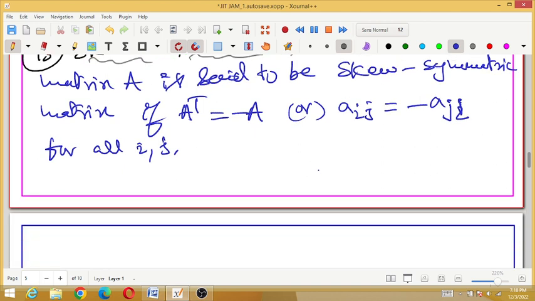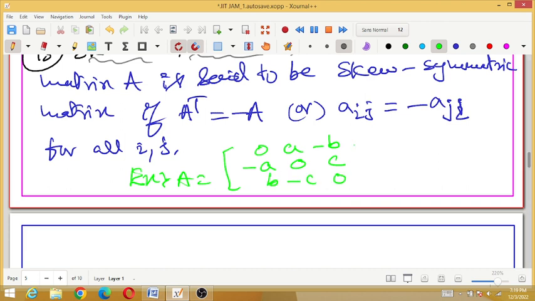For example, see here, we take A is equal to 0, a, minus b; next minus a, 0, c; next b, minus c, 0.